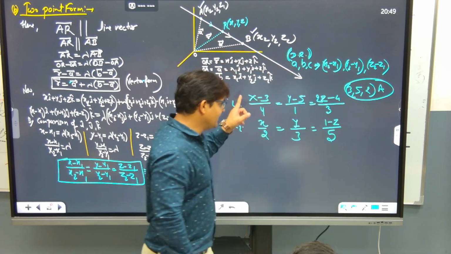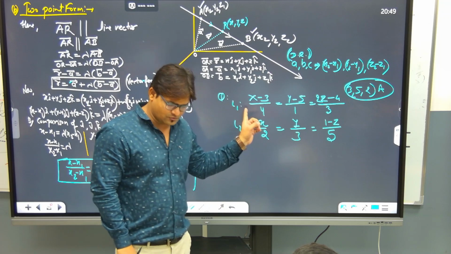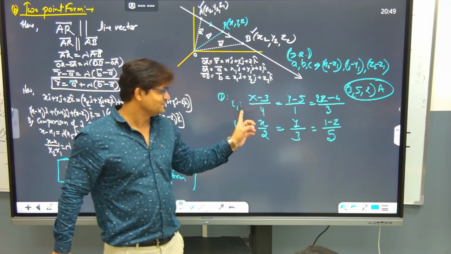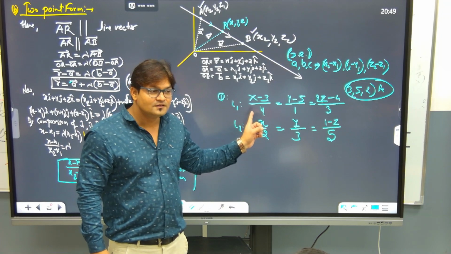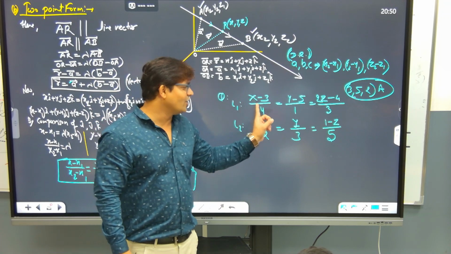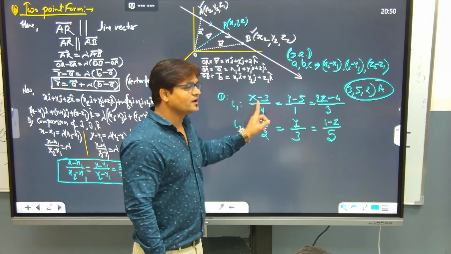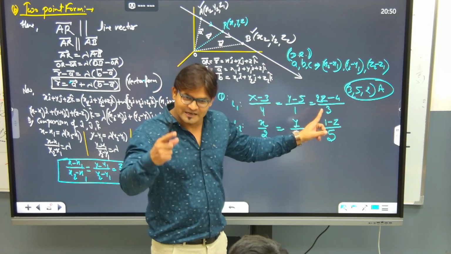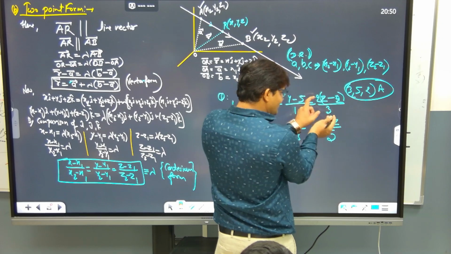Now what is the direction ratio or direction cosine or direction angle? First tell me the direction ratio. 4, 1, wrong. 4, 1, 3 by 2. When we take this 2 common, this is 2 and we cannot write 2 by 3.